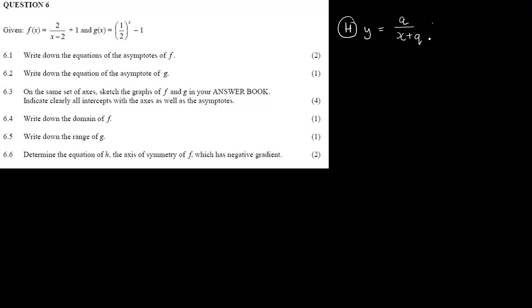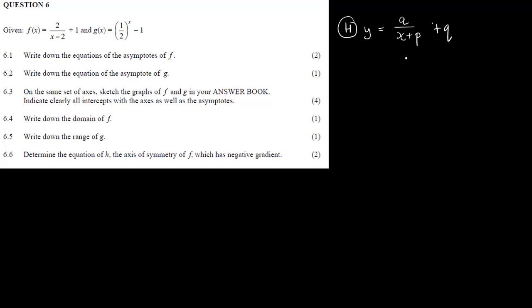Sometimes you'll be like, here it's q, here it's p. It really does not matter, as long as you know where the variable is placed. They can even write z, they can write w. It does not matter, by the way. But I know you guys are used to p and q, right? y equals a over x plus p plus q. This is a hyperbolic function.